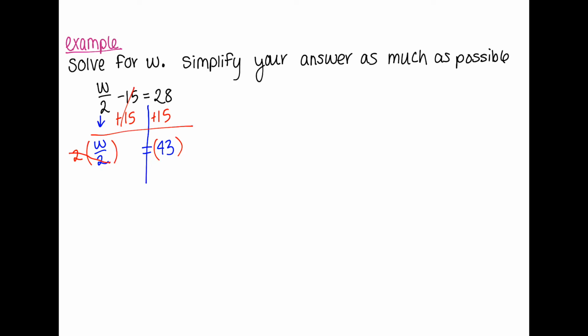What's really happening is you're taking 2 over 1 and you're multiplying by w over 2, and that's why these 2's end up canceling. So you get w over 1, which is just w. We don't write this stuff out because it's a little tedious to write out, but that's the reasoning behind it. So I'm multiplying by 2 on this side. That's going to give me w equal to 43 times 2 is going to be 86. So w is equal to 86.